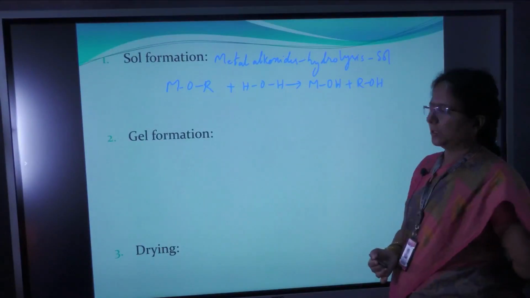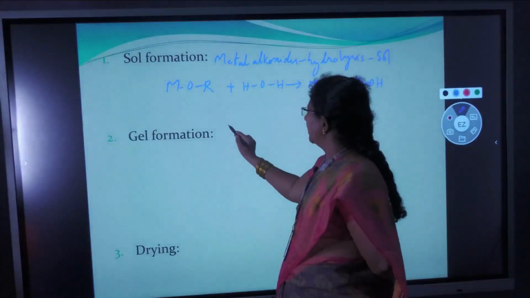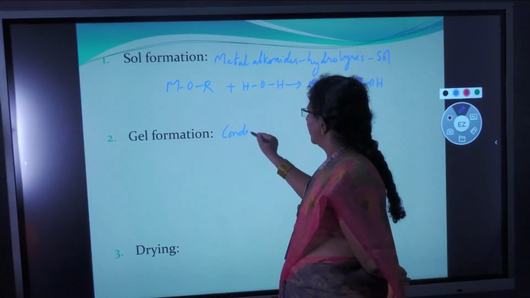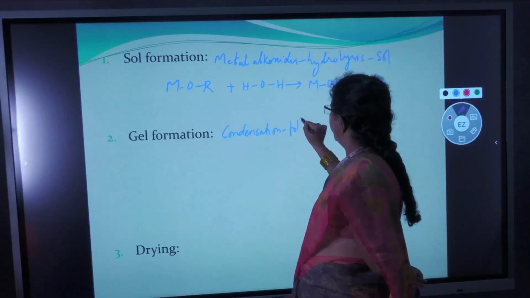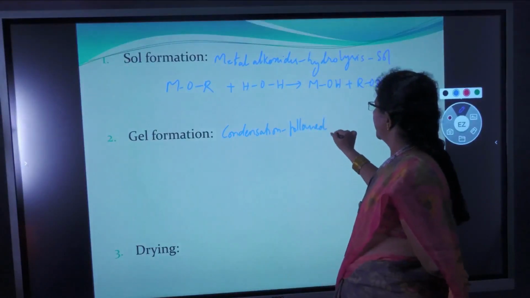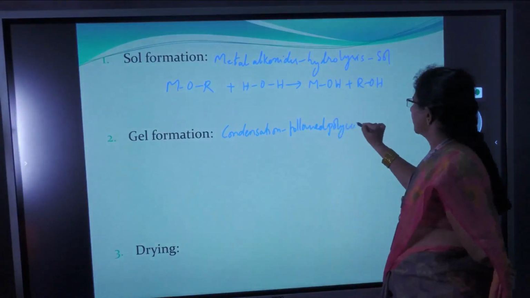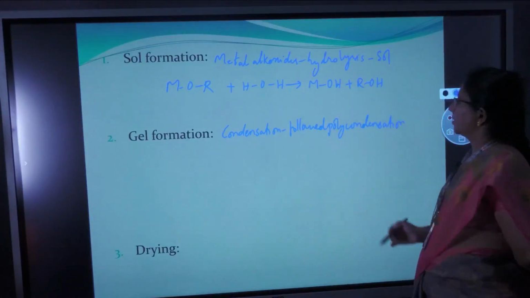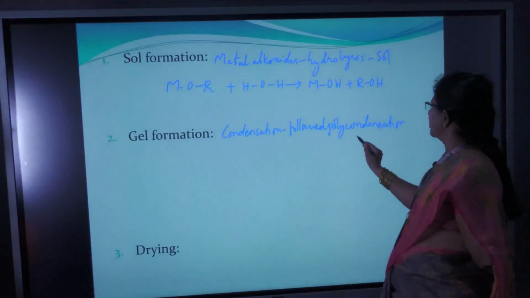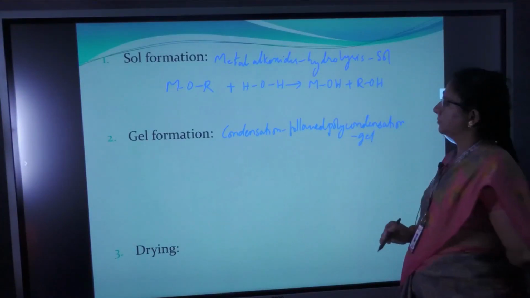Next, gel formation. For gel formation, condensation reactions take place followed by polycondensation. So this results in the formation of gel.